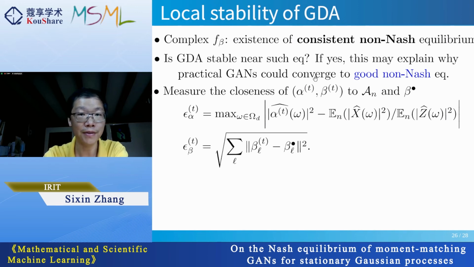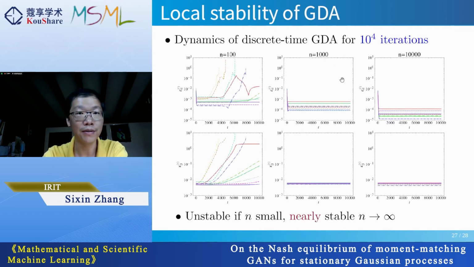We can measure two distances: one to the consistent set, the other the distance of beta in the Fourier basis. Here is one result for the discrete time GDA. If n is small, then this dynamic is not stable. We expect it to stay close to 0, but sometimes it just blows up. But if n increases, it becomes pretty stabilized.